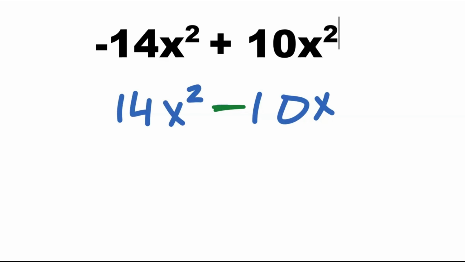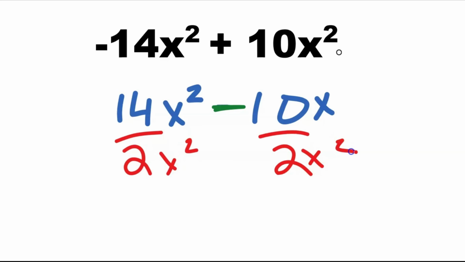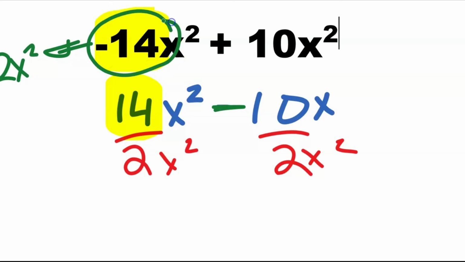If I were to factor out a GCF from these, I would factor out a positive 2x squared, because in this one, the leading coefficient is positive. What determines what I factor out is the leading coefficient. That's why with this first term over here, I factored out a negative 2x squared instead of a positive 2x squared. It's based on the leading coefficient right here in the front.